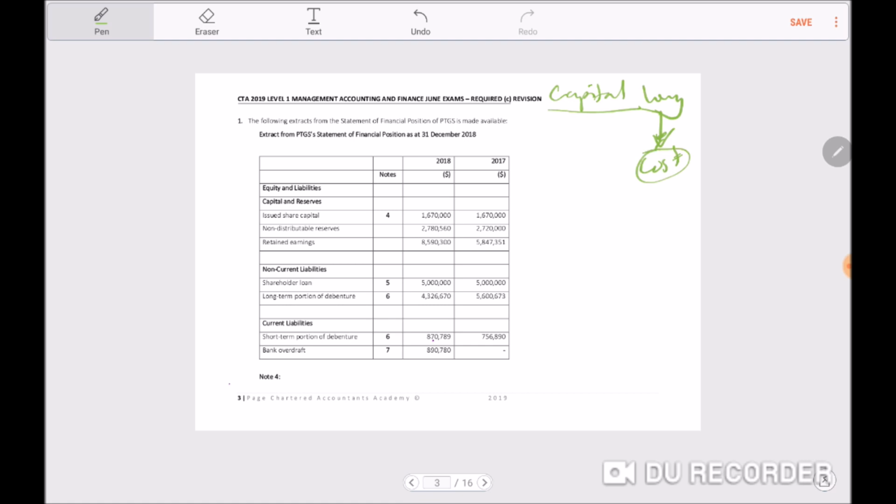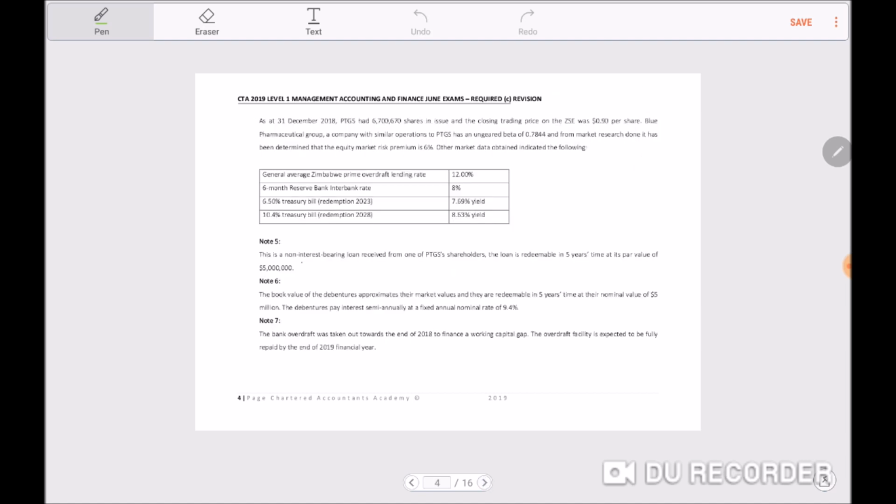If you look at this schedule of equity and liabilities, we can see that we have share capital of 1.670 million, which is explained in note 4. So we can go to note 4 to confirm whether this is a permanent source of finance.